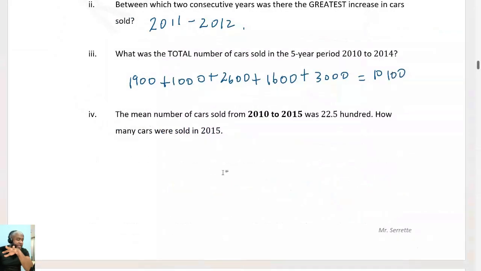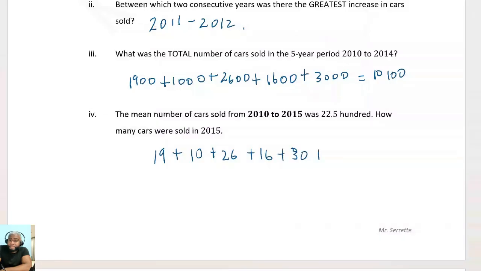Right, so you were doing it in normal numbers, not attaching the hundreds, right? So basically, what is the value for the first year? Give me the values again. Look right above here. It will be 19 plus 10 plus 26 plus 16 plus 30 plus some value x, because it's up to 2015.